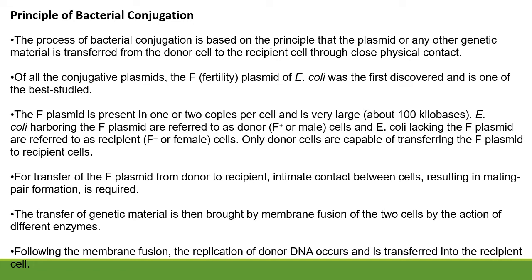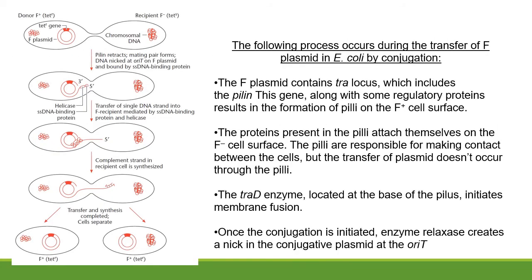As we saw in the previous slide, there was a plasmid, so the replication of plasmid is made, a copy is made, and then it is transferred to a recipient cell. The following process occurs during the transfer of F plasmid in E. coli by conjugation. So you can see this is the donor F cell, male cell, which has the fertility plasmid, and the recipient cell which does not have an F plasmid. So you can see here a copy is being made of the F plasmid.